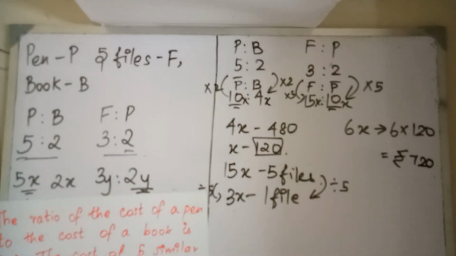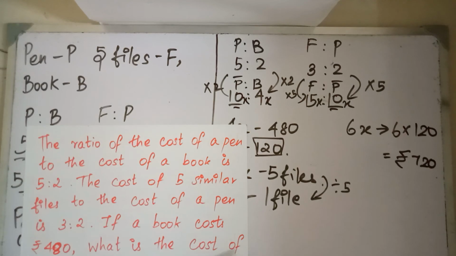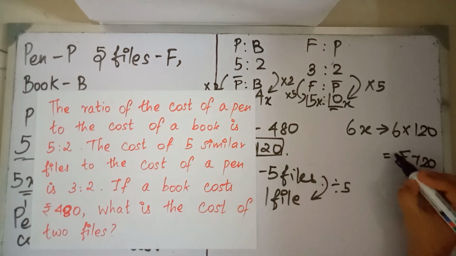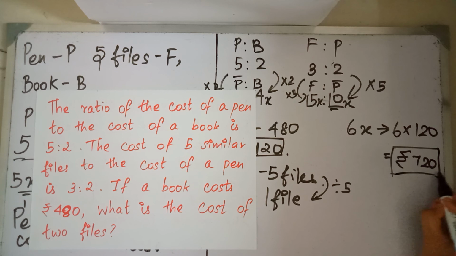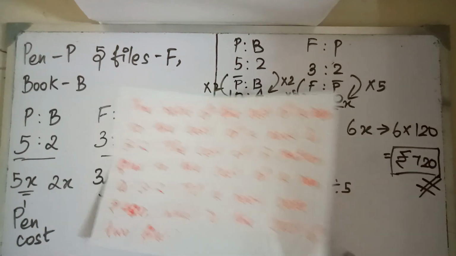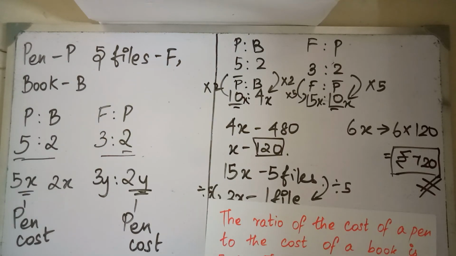So the question asks you for the cost of 2 files, and that is 720 rupees. So this is how we solve a problem in ratio and proportion. Thank you.